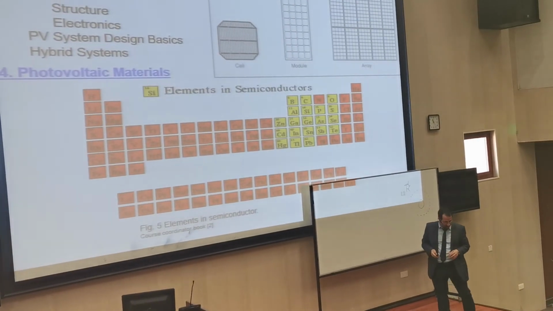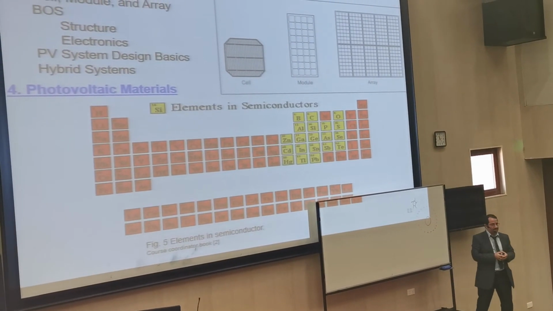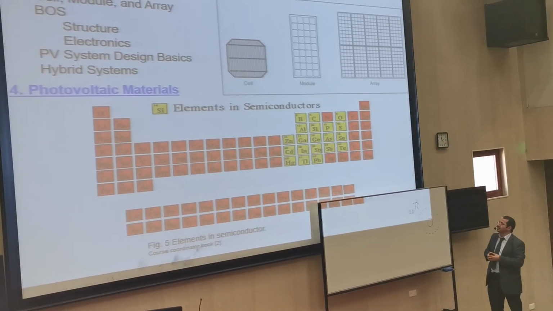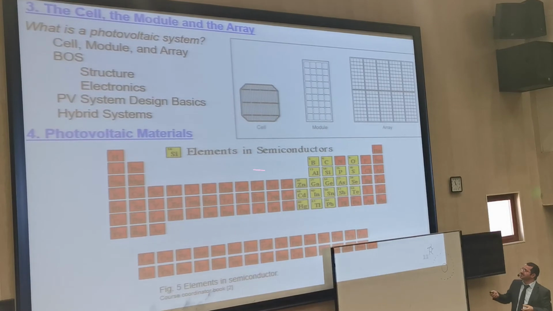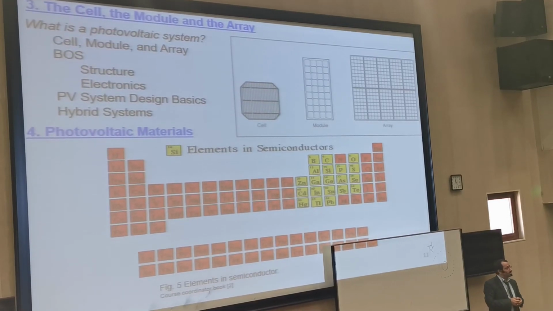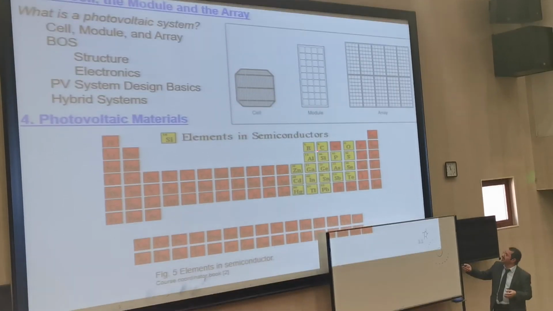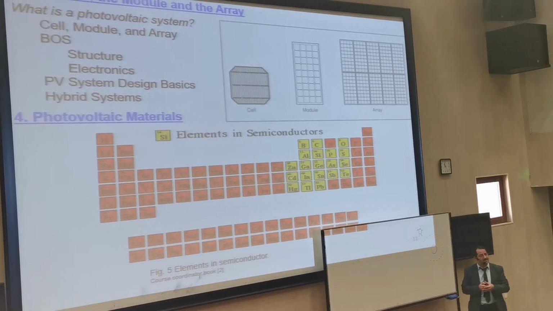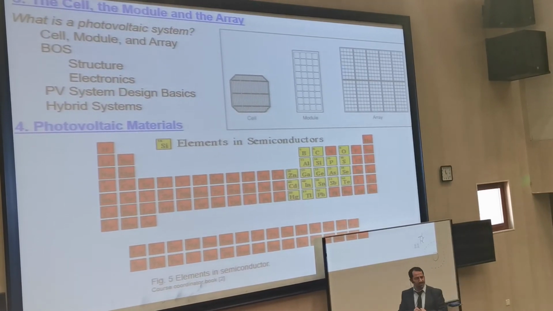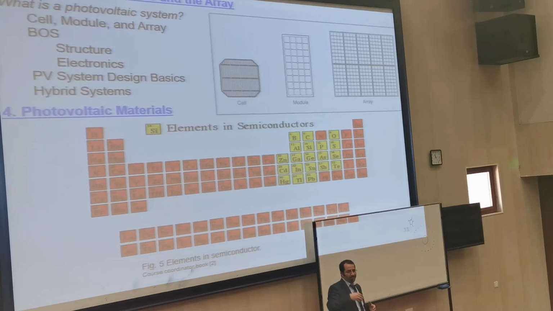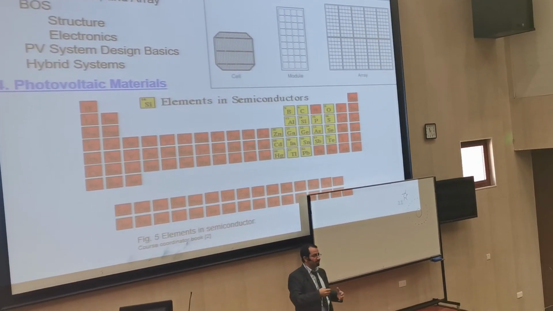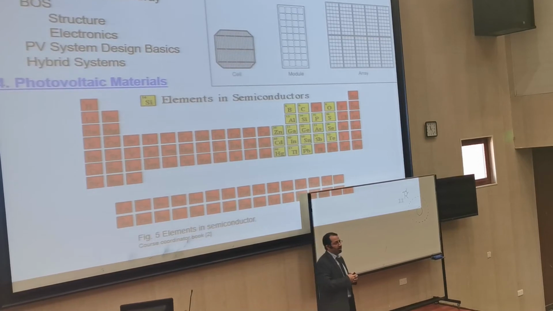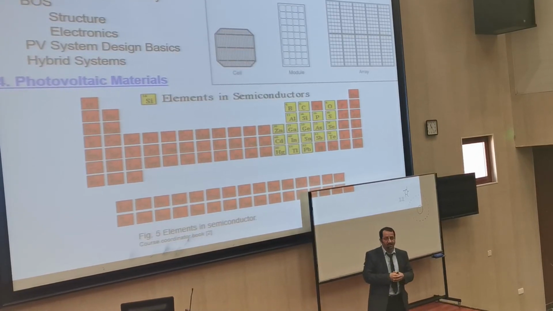This is the structure. Now, how do we manufacture it, and where do the solar cell and the solar module come from? Have a look, you remember this periodic table, right? Focus more on this yellow, which represents semiconductors. Do you remember from Material Level 1? We can classify materials into insulator, conductor, and semiconductor, based on electrical conductivity.